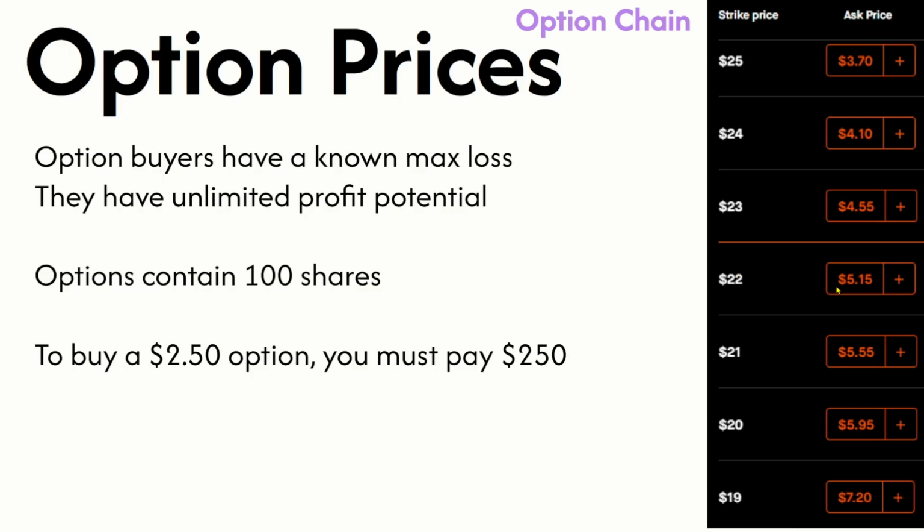So if I want to buy an option at the $22 strike price, I have to pay $5.15 per share, which would come out to $515. So, pull up any trading platform that you're using, and the chain is going to look something like this, where you have your strike price and then the prices for that strike price. And just remember that the quoted price here, multiply that by 100, and that's the total price you would pay for that contract.